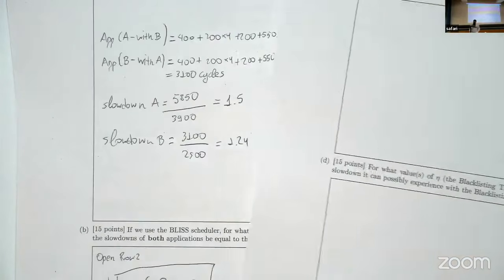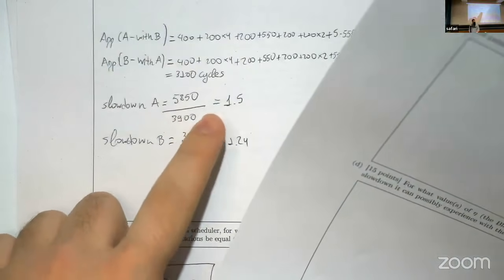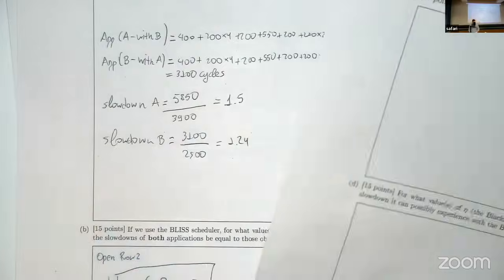So right now we calculated here that the slowdown of A is 1.5 in this scenario, right? And the question is, is there a chance that this slowdown can be smaller than 1.5? So what would we need?